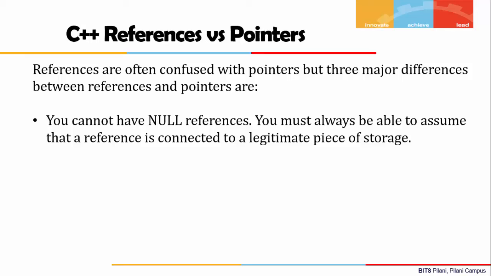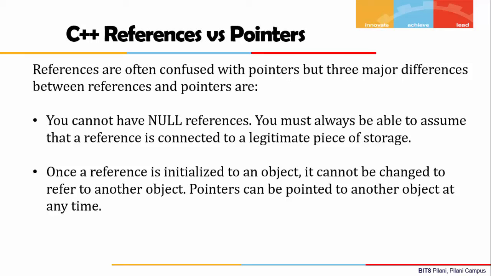That is, you must always be able to assume that a reference is connected to a legitimate piece of storage. References cannot be null, even though pointers are often made null to indicate that they are not pointing to any valid thing.